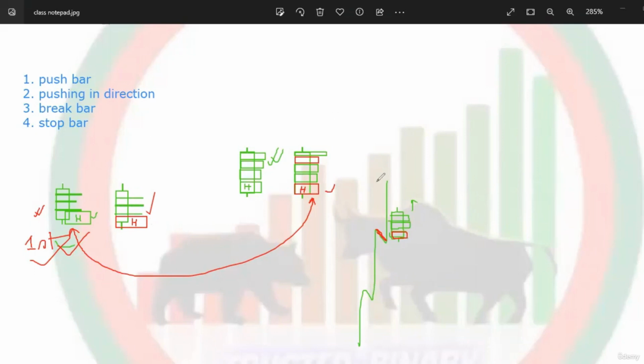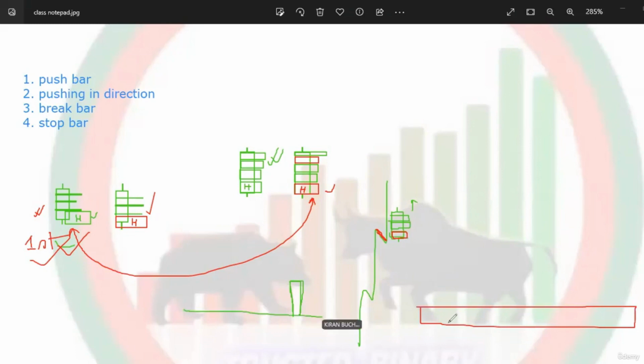So do we get a volume candle below in this delta river? Suppose this is the candle. Below, we get volume candles, volume bars.